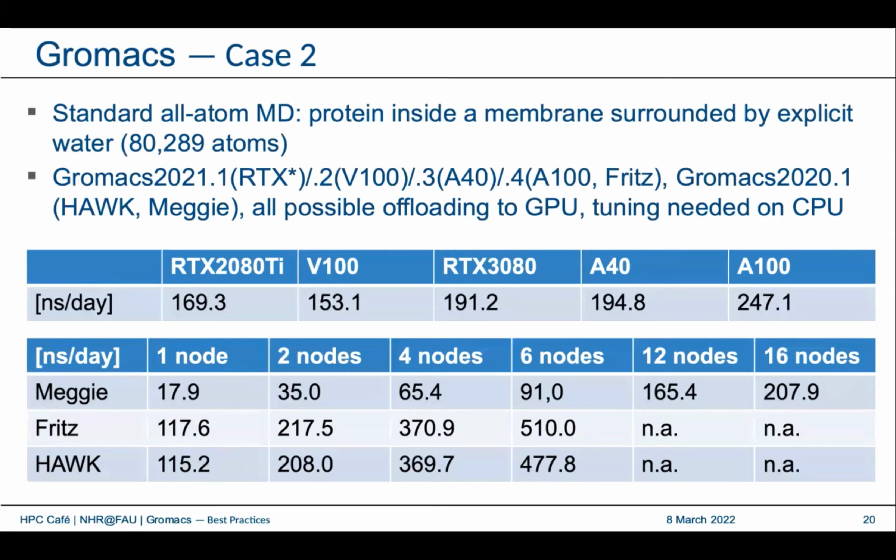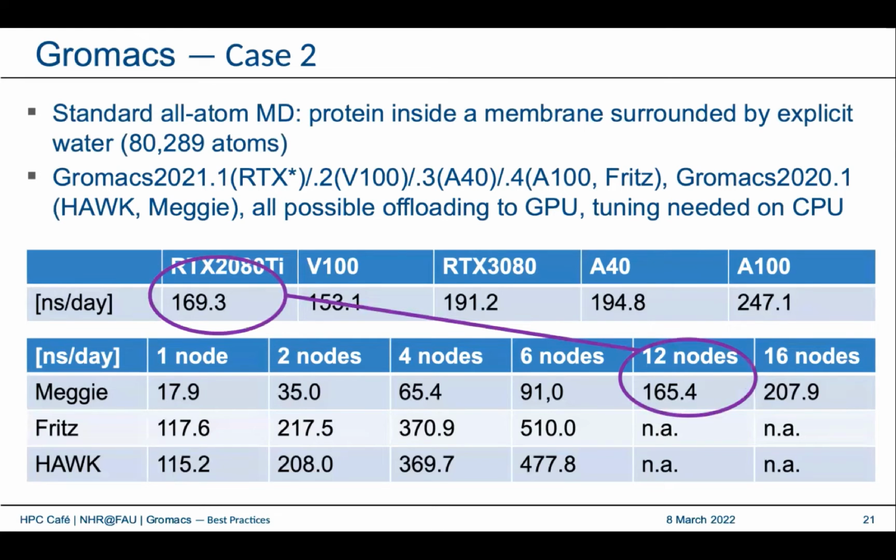In addition, the scaling on CPUs is not perfect because we lose about 10% of performance each time we double the number of CPU nodes, because those CPU nodes have to communicate with each other, and this overhead is lost for our actual simulation.